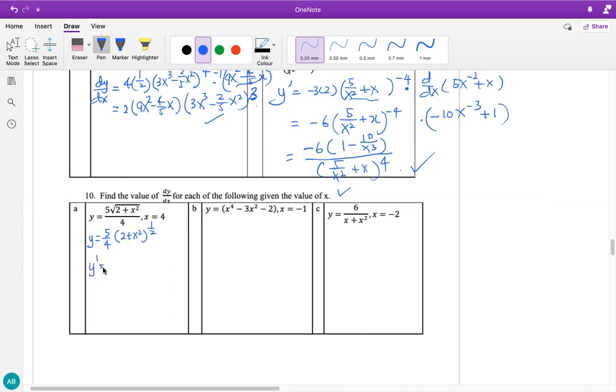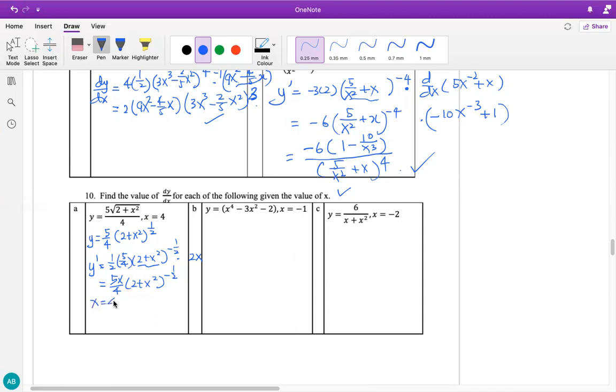It becomes half times 5 over 4, then 2 plus x squared to the power negative half, and then multiply by whatever you differentiate inside, so it becomes 2x. So you get 2 times minus 2, you get 5x over 4, then 2 plus x squared to the power negative half.